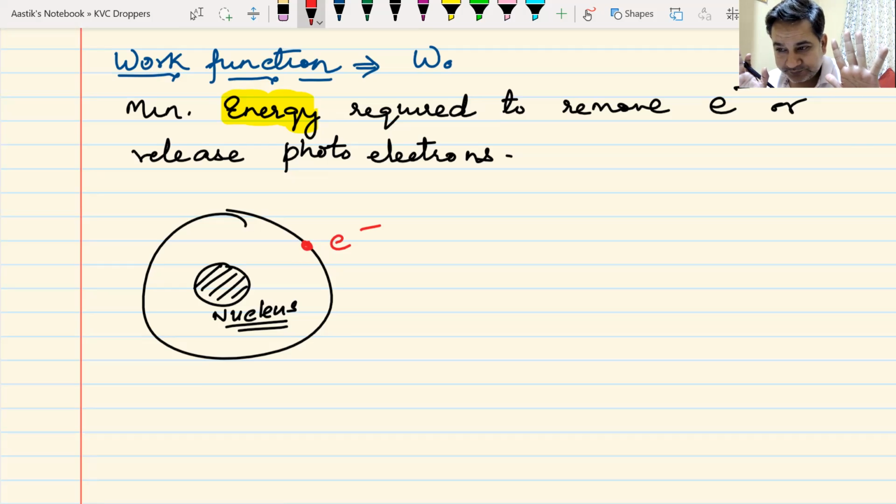Work energy, work function, yar. We have just gone through this. There was a movie known as Ghajini. Have you seen that movie Ghajini, starring Aamir Khan? It's a remake of a very good Hollywood movie known as Memento. In that movie, the hero forgets what had happened 5 minutes before.